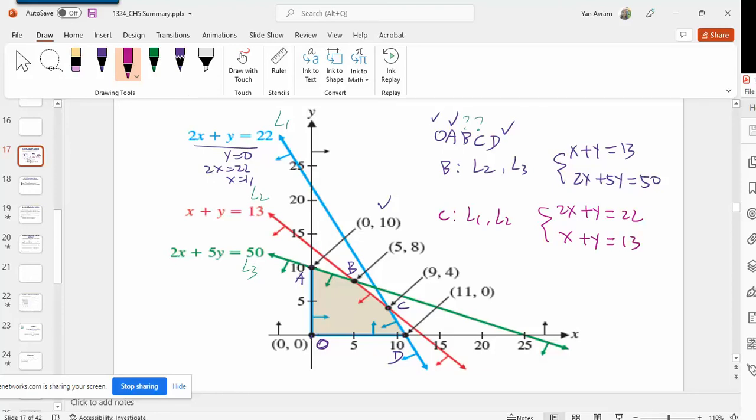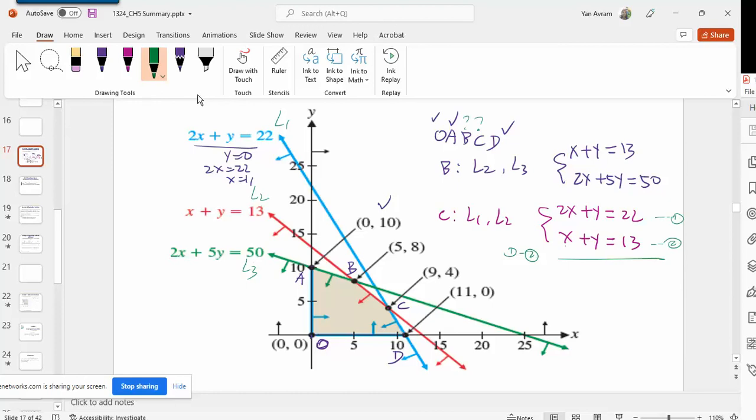Depending on how you want to solve this one, if you want to use the matrix, that's fun. But for this one, it will be very easy to do the subtraction, the first one minus the second one.